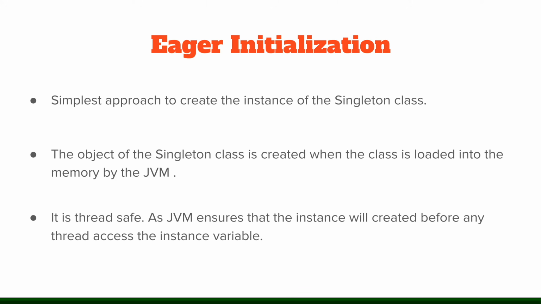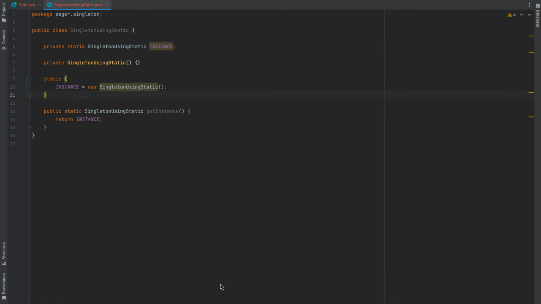So let me show its code. This code is similar to the previous example except for this static block. In the previous example we created its instance using the new keyword in this instance field, where exception handling is not possible.